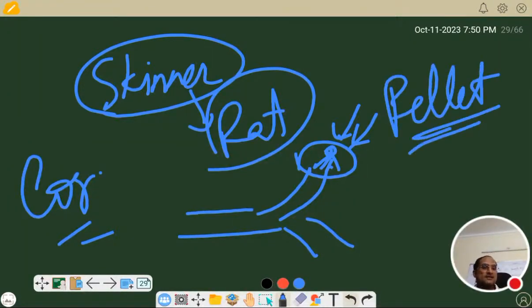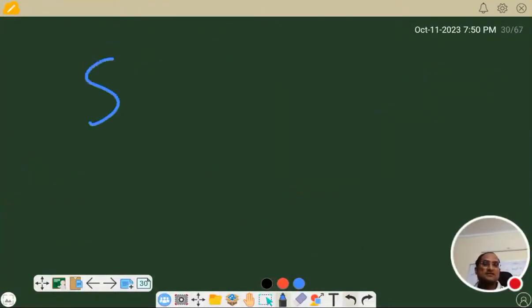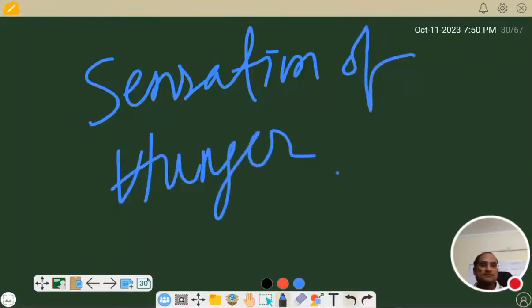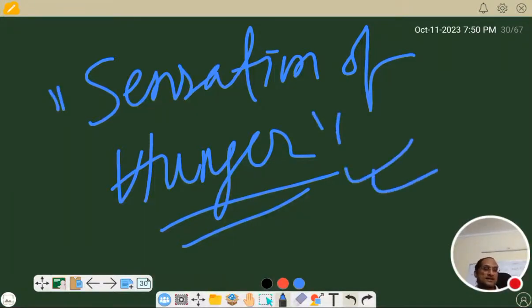But what about the second time? Why did the rat go there? The rat was driven by hunger, the sensation of hunger, which is within the rat. The rat's mental construct is defined by the sensation of hunger, which is its internal environment, not being defined completely externally, by food being there as a reinforcement.